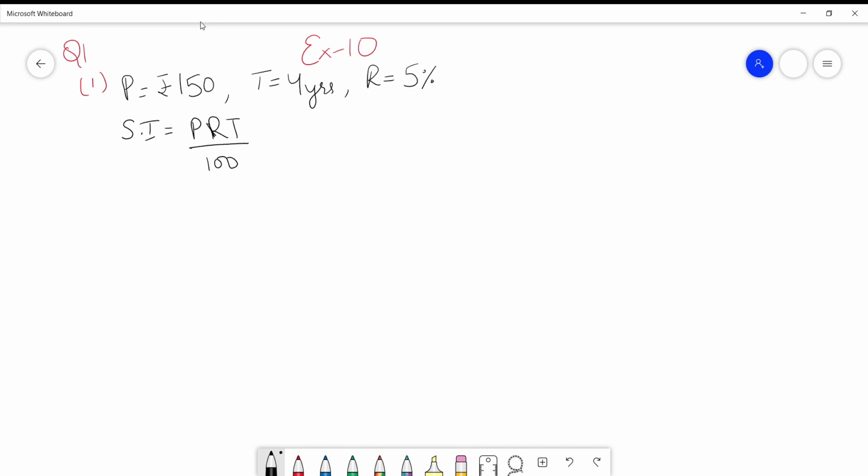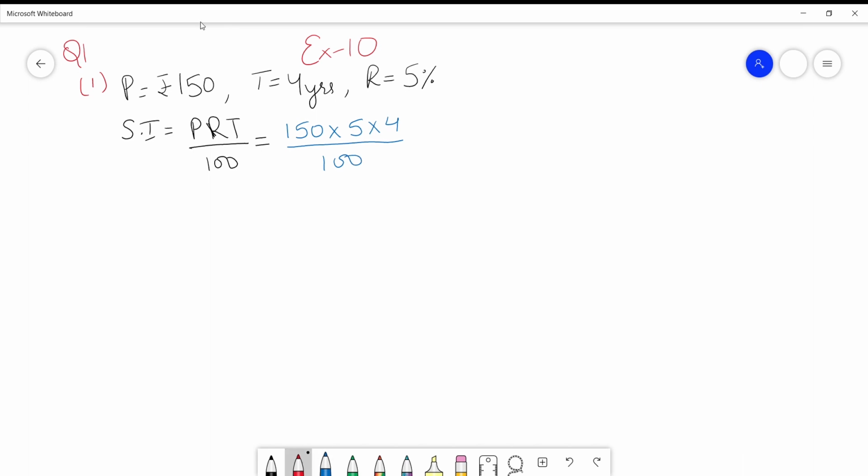Now these are variables, so there is no need to put the multiplication sign in between. We will write accordingly whatever is given to us. 150 is the principal, rate is 5, time is 4, divided by 100.